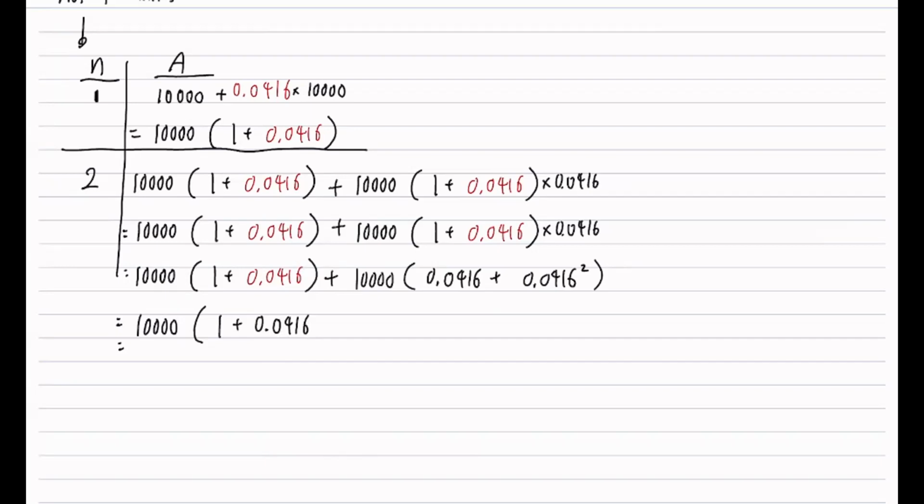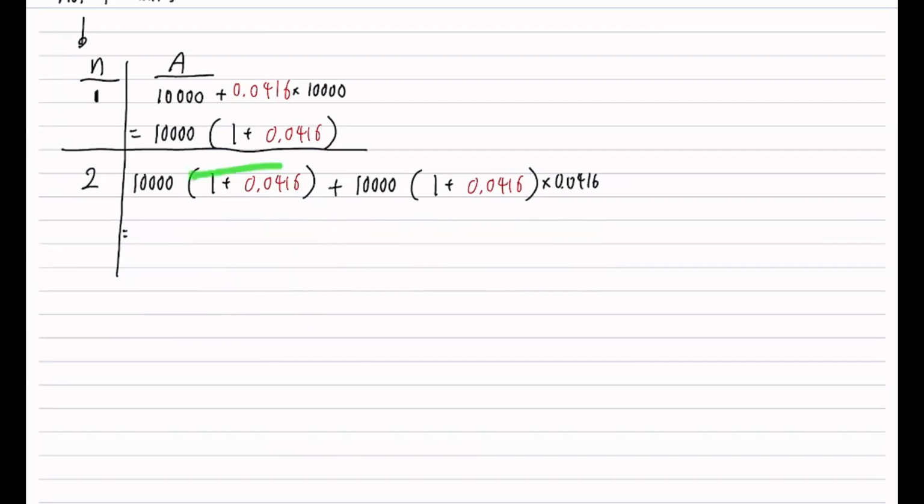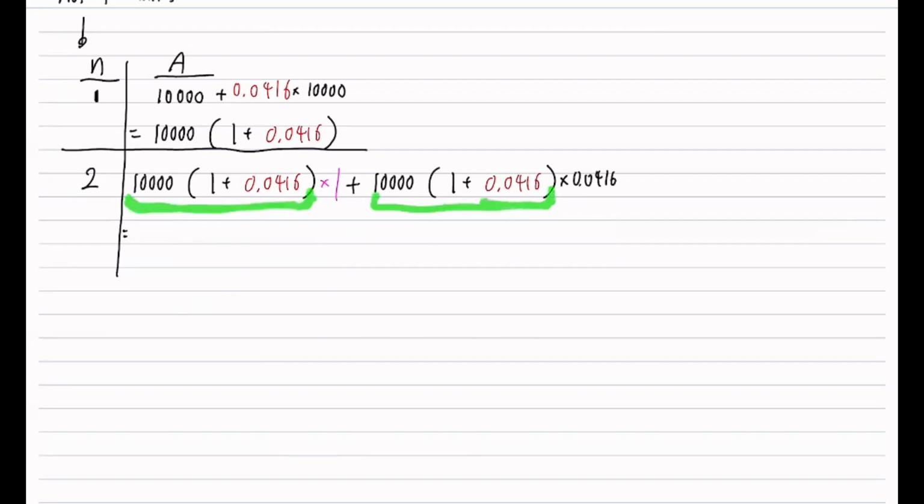Did I do something wrongly? Let me double check. Sorry, let me try again. Okay, the common factor here and here, can you see? There's an invisible times 1 here. So there's a common factor of 10,000 multiplied by 1 plus 0.0416. Do you see that common factor?